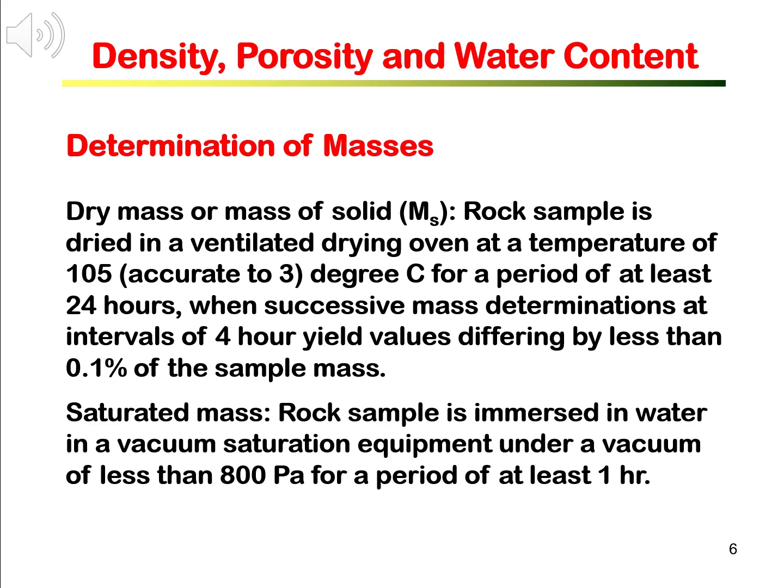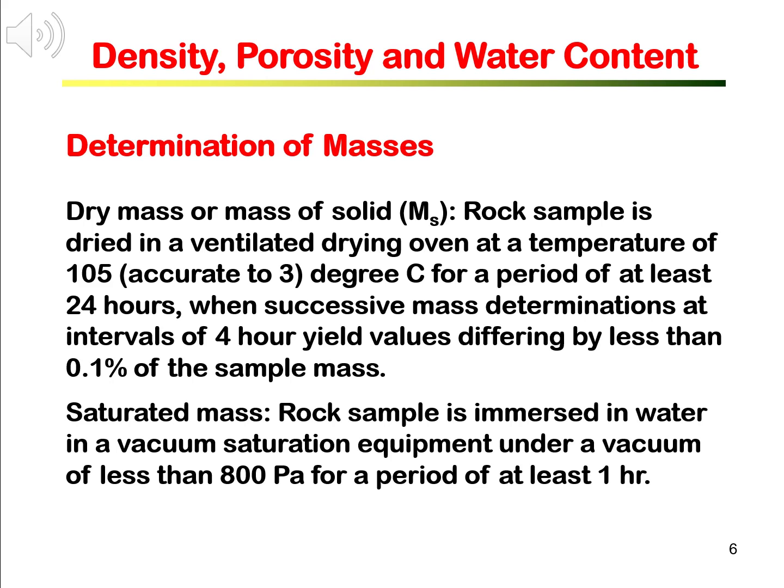We will need to determine mass and the volume in order to calculate density. Dry mass is the mass of solid only, here denoted as MS. It is the mass of rock materials when it is completely dry.